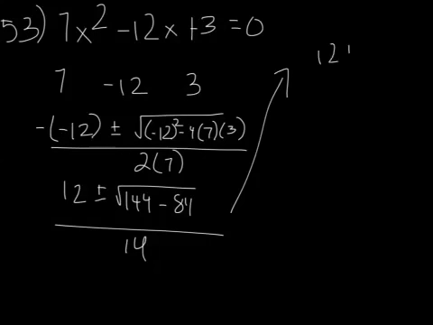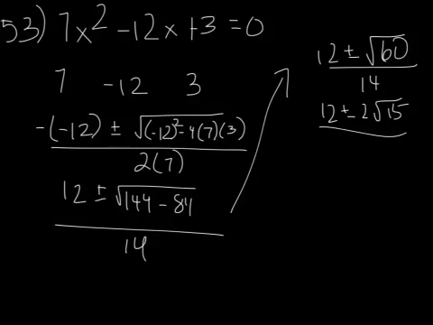That'll be 12 plus or minus the square root of 60 over 14. Well, at that point, we kind of have to reduce. And our rules for reducing up until now said the following. We would have 12 plus or minus 2 root 15 over 14. 4 goes into 60 15 times. This 12, that 2, that 14 would cancel, and I would have 6 plus or minus root 15 over 7.